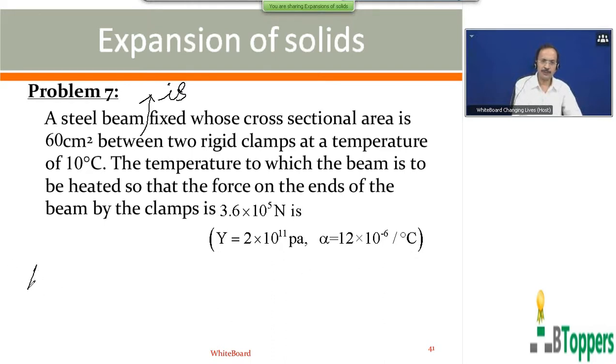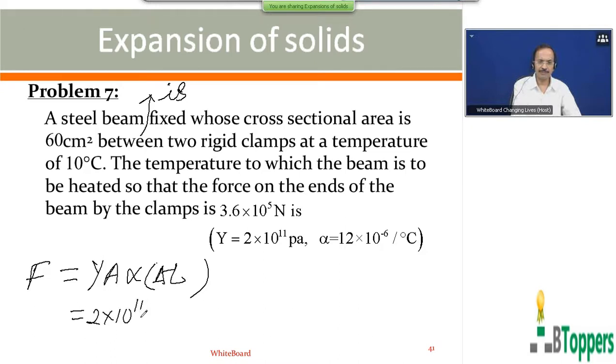So as I explained here, the force to be exerted by each clamp or support on the rod or beam to prevent the expansion is given by YA alpha into delta T. Delta T is the increase in temperature of the rod. Y, the Young's modulus of the material, is given as 2 into 10 power 11 Pascal.